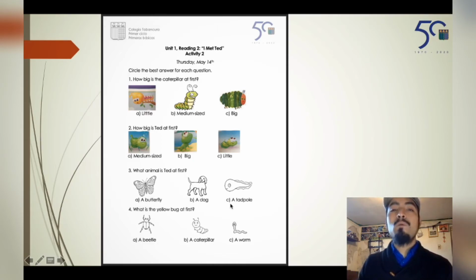C, a tadpole. Number 4. What is the yellow bug at first? What is the yellow insect that you saw in the story at the beginning? A, a beetle. B, a caterpillar. C, a worm. Remember, there is only one correct answer for each question. Let's continue.